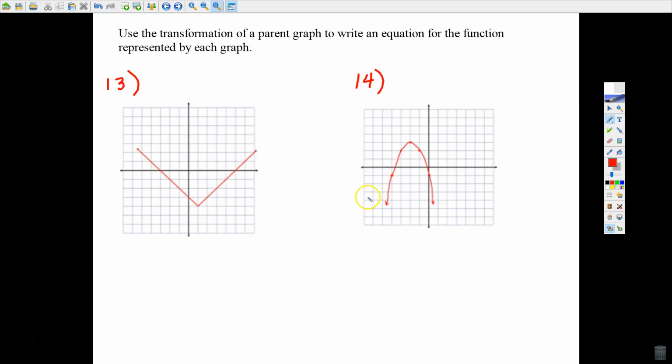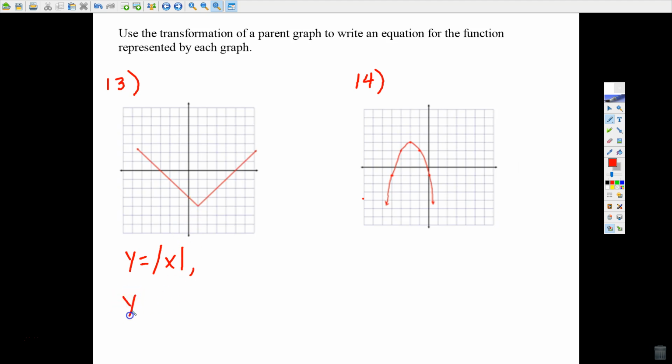13 and 14, kind of the reverse. If you're given the graph of a function, can you write the function itself? And we need to know what the parent is. So once again, this is a translation of the parent y equals the absolute value of x, but it's being moved right 1 and down 4.